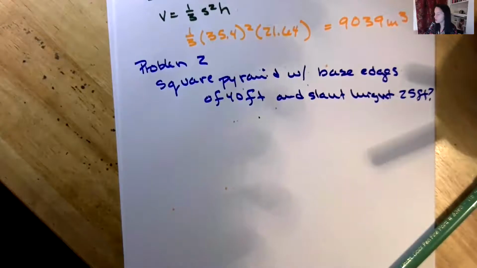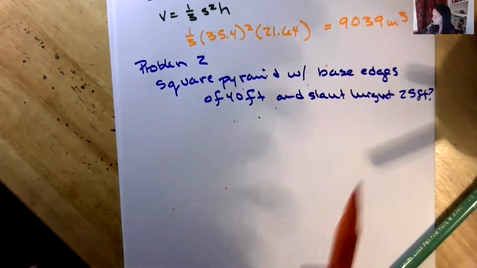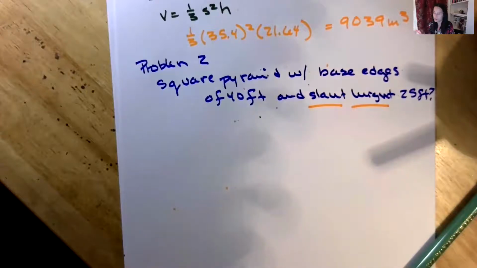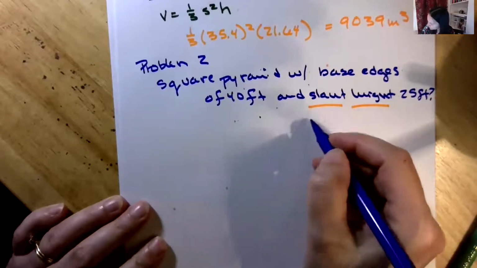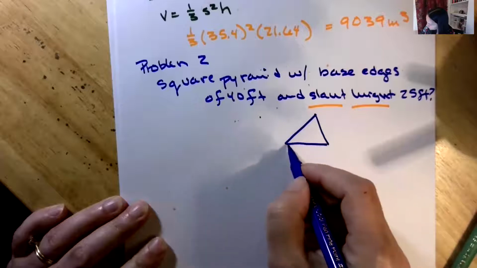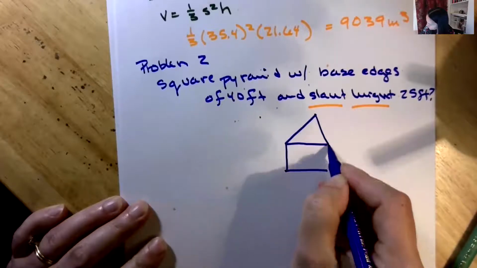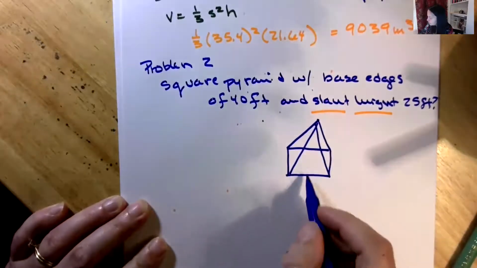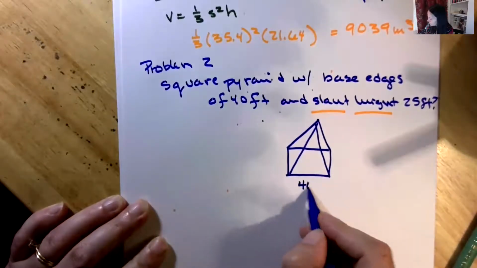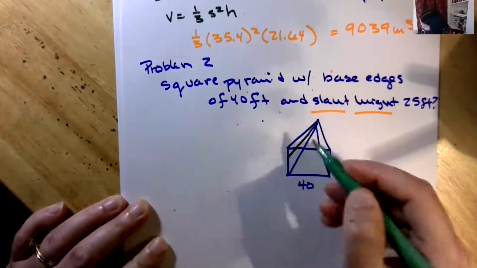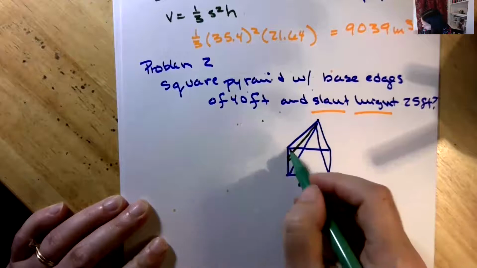Okay, so here's where that important detail comes in: we don't want the slant height, we want the height of our pyramid to get the volume. So this is 40, and this side right here is 25.